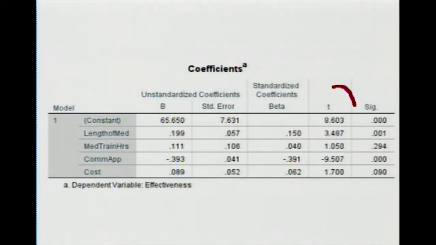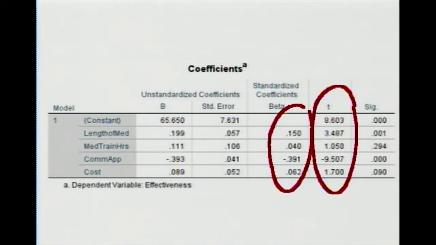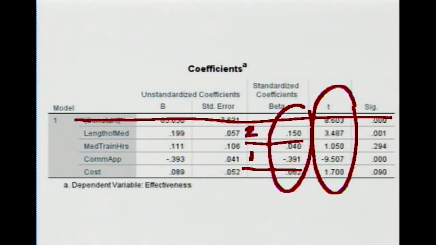As you're evaluating these T values, and you can see it also reflected in the beta weights, the larger the number, the larger the influence. Remember, we don't care about this top line, right? That's just mathematics. And so here this is our number one predictor, and then this is our second predictor, but it's positive, and then we have two non-significant predictors right there. So we can see that relationship.